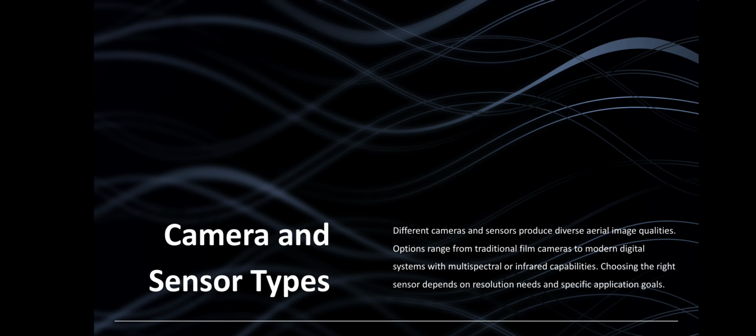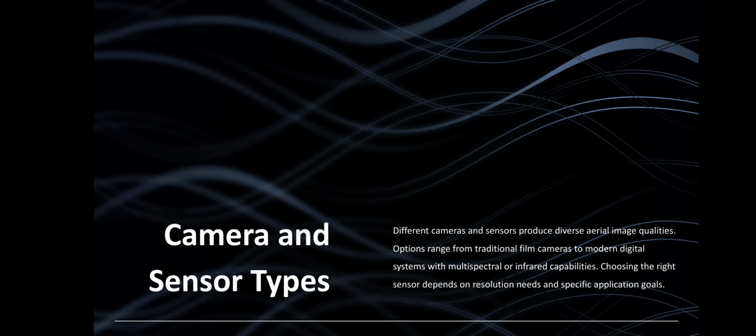Camera and sensor types. Different cameras and sensors produce diverse aerial photo image qualities. Options range from traditional film cameras to modern digital systems with multispectral or infrared capacities. Choosing the right sensors depends on the resolution needs and specific application goals.